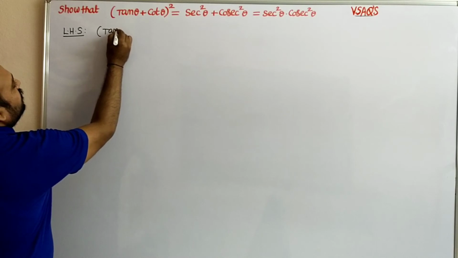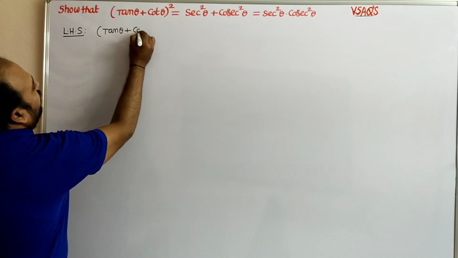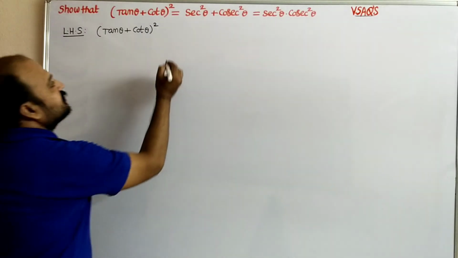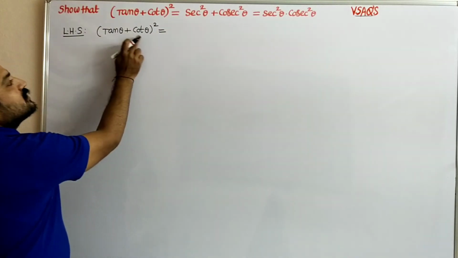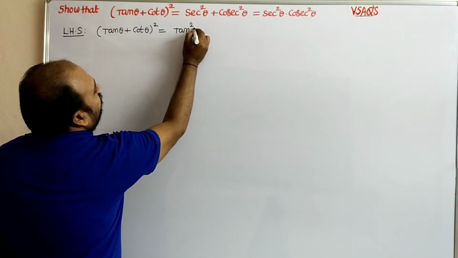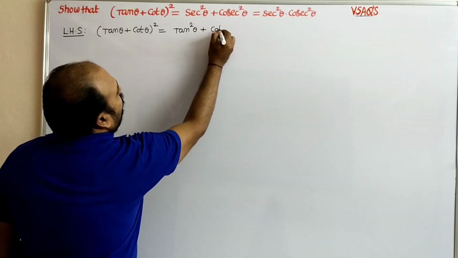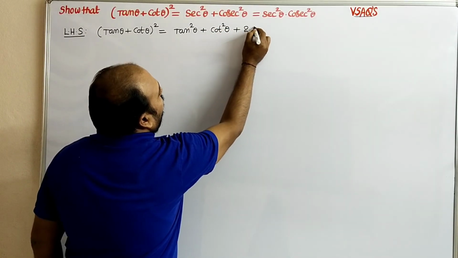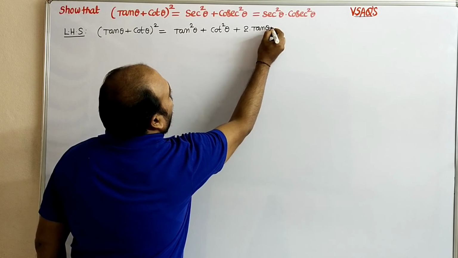Tan theta plus cot theta whole square, which is equal to a plus b whole square expansion: tan square theta plus cot square theta plus 2 into tan theta into cot theta.